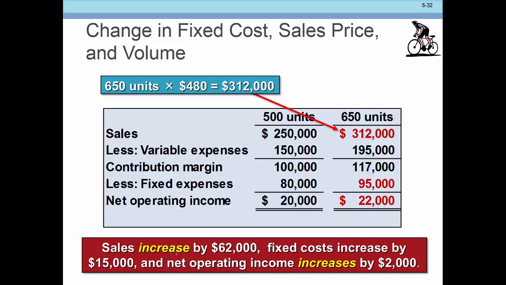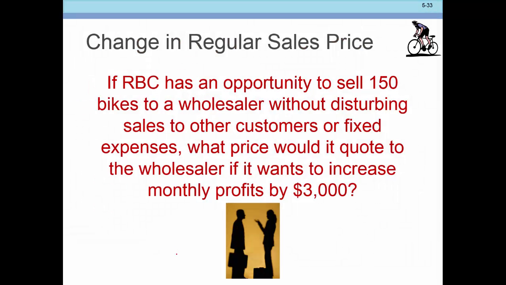Okay. Now, you come over, and for this one, somebody comes to them and says, hey, I'll buy 150 bikes from you. Okay? And we can produce these 150 more bikes, but I should say it's not going to affect our current capacity at all.